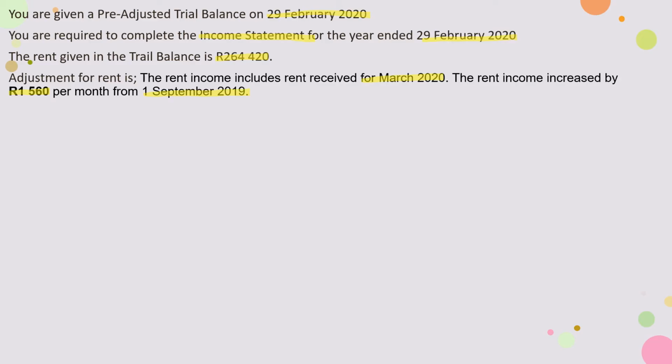Once we have that, what you need to identify is the rent that you received for how many months. So you received rent of 264,420, and because the year ends on 29 February and you received rent for March 2020, that's for 13 months.